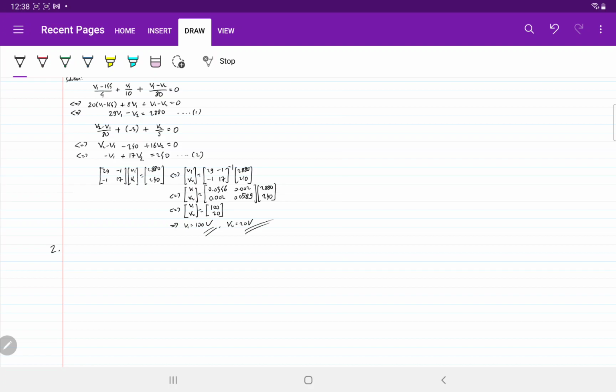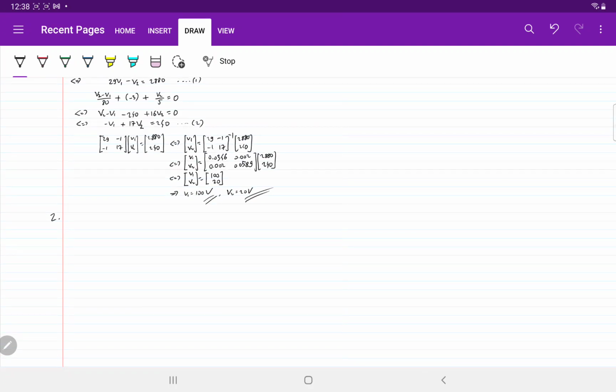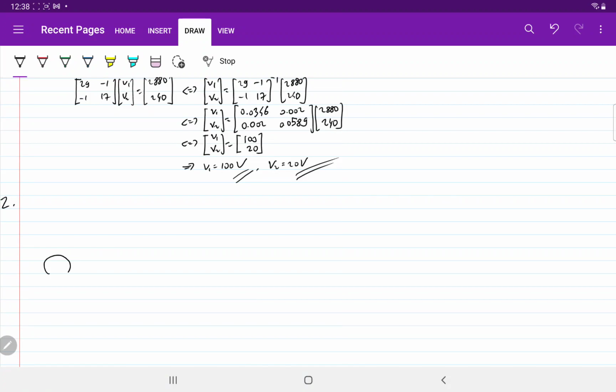Next one, the circuit is given as follows. It's a very similar circuit, but just with different values. We have another voltage source, 44 volts.